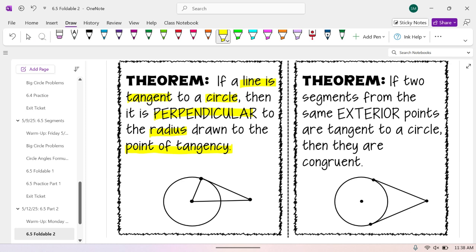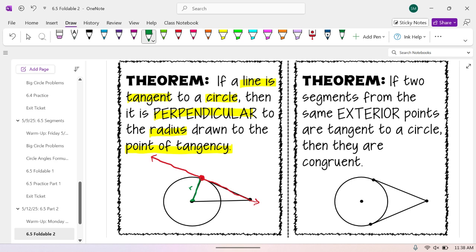So in other words, if I drew this line out a bit more, this is a tangent line because it only hits one time. All right. Now, this right here is my radius.